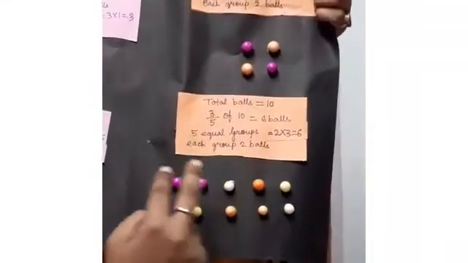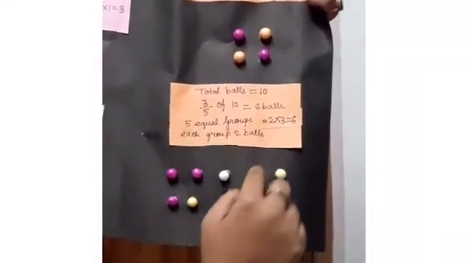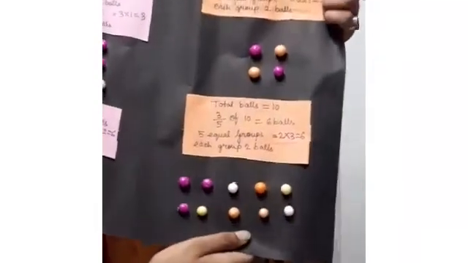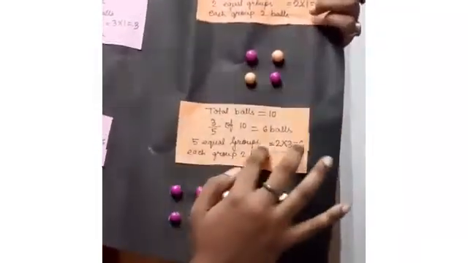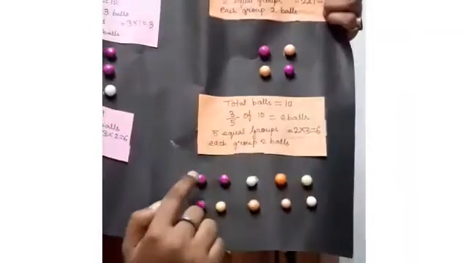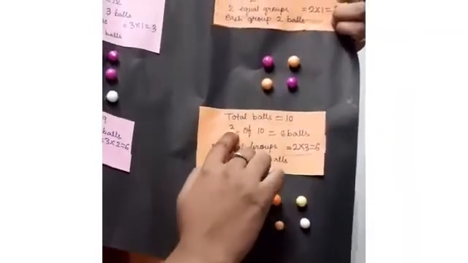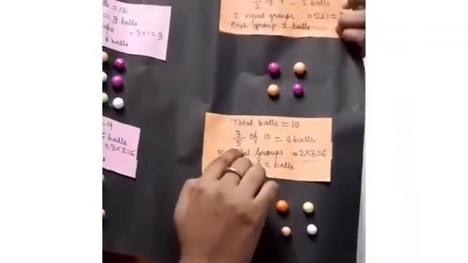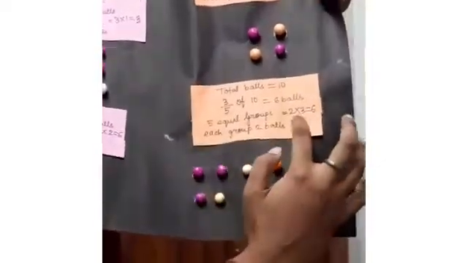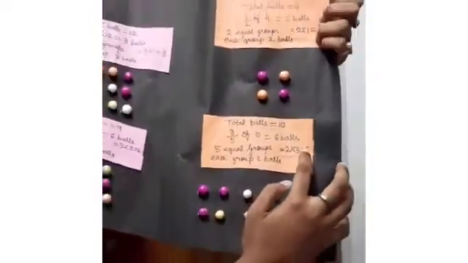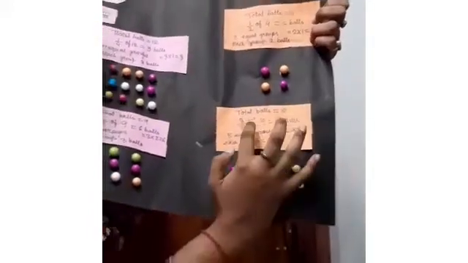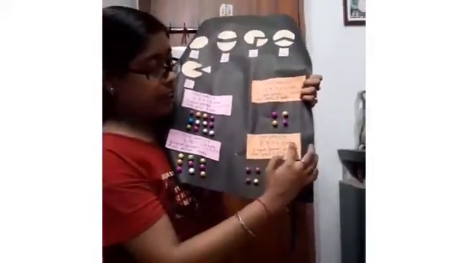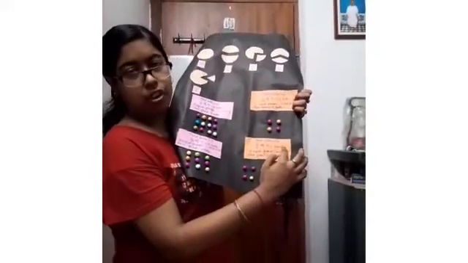In each group there are 2 balls, and I have to take 3 groups out of 5 groups. So 2 into 3 is equal to 6. So 3/5 of 10 is equal to 6 balls.